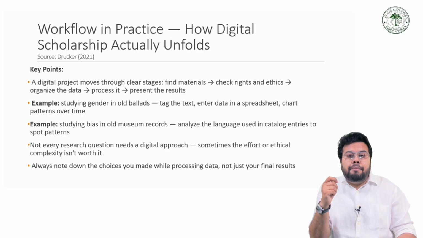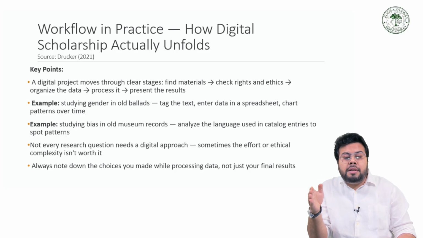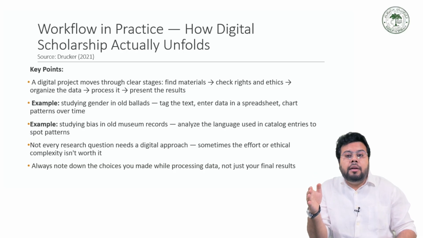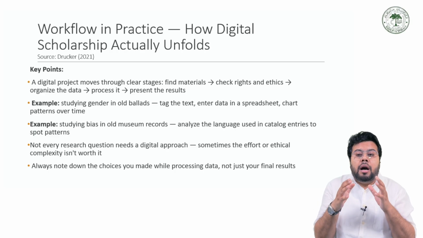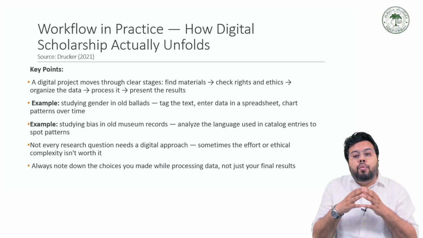For the first example, imagine studying how gender shapes the way crimes and punishment are described in old ballads. That's not just make a chart. Before you can chart anything, you have to decide how you'll define gender and moral judgment within your data itself. And the decision is generally interpretive, not just technical.